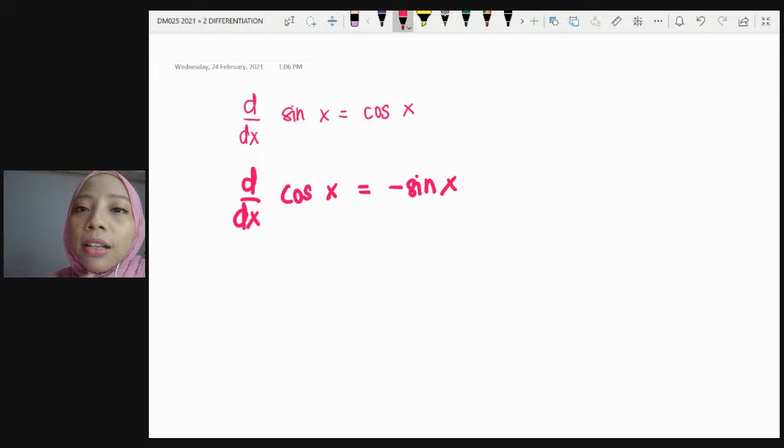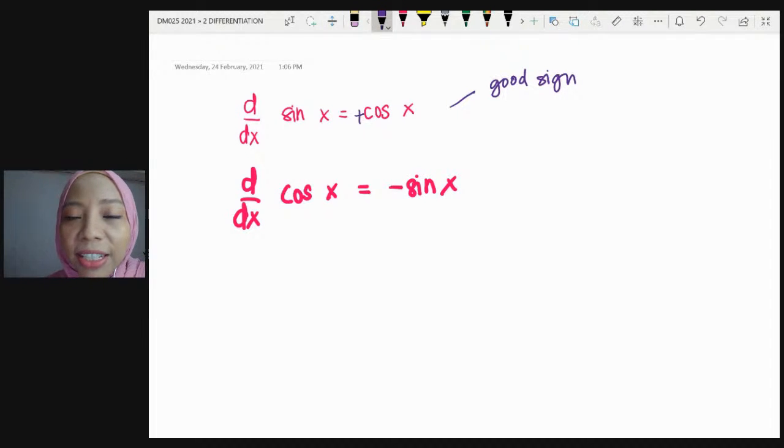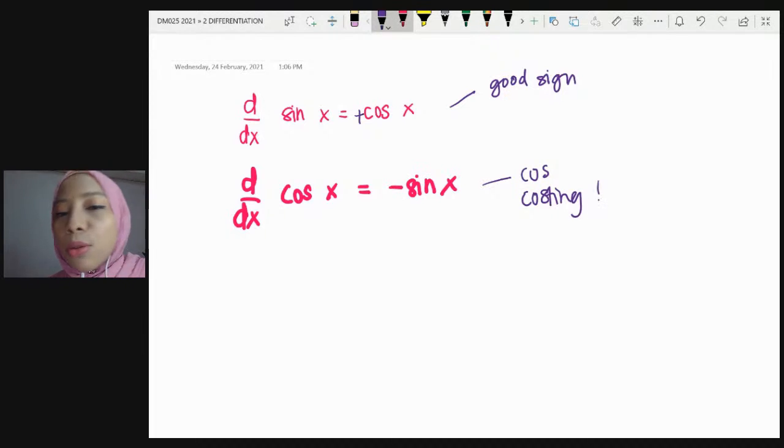I don't know how you are going to remember this, but for me, sine you can relate to a good sign. If it's a good sign, it's positive. No one wants a bad sign, right? So good sign, positive. But cos, something that is costing, very expensive.